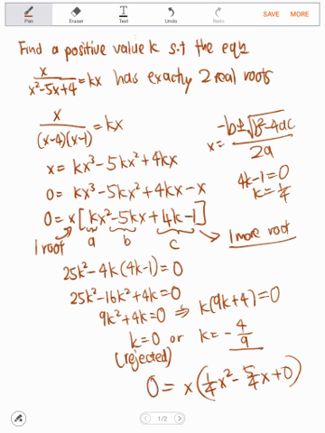This actually gives us exactly one real root, because actually this is two roots, but it is a repeated root with x, so it's counted as one root. You can factorize another x, so you have x times (1 quarter x minus 5 over 4).